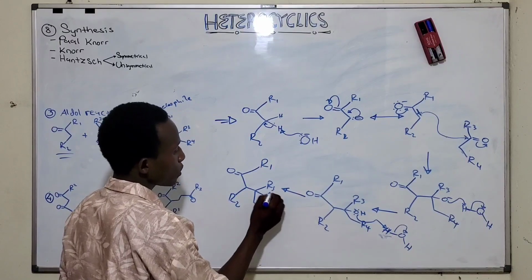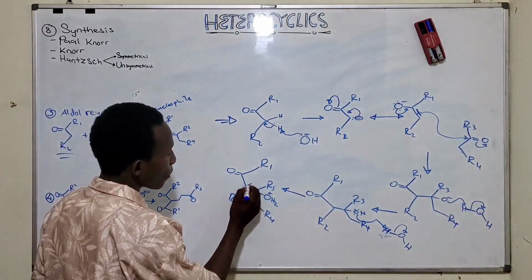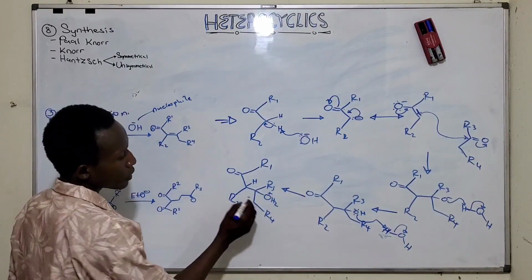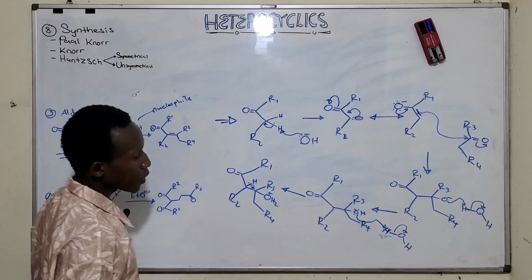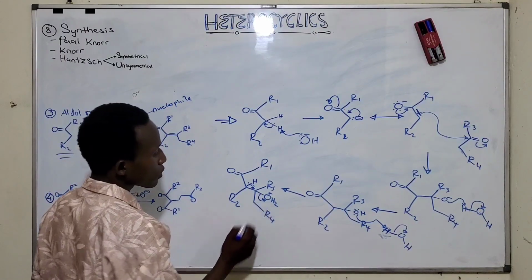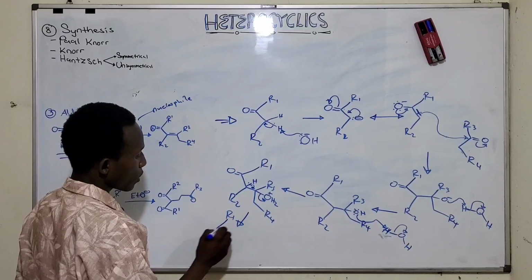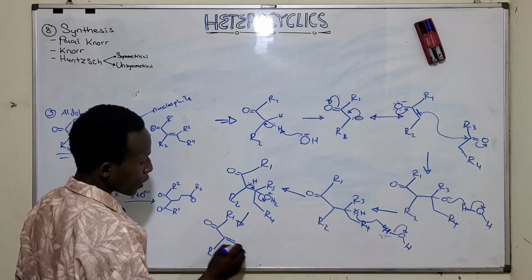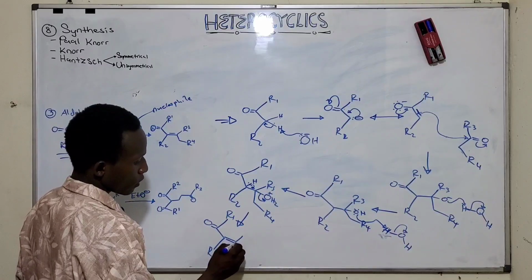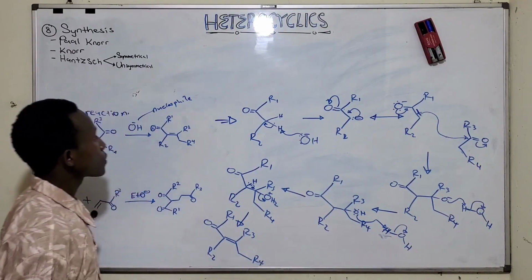And this one is now unstable. Remember, we have a hydrogen atom here. So this hydrogen atom breaks off and forms a bond. When it forms a bond, this one breaks off. So you have R1, oxygen, R2, and we have a double bond now, R3 and R4.